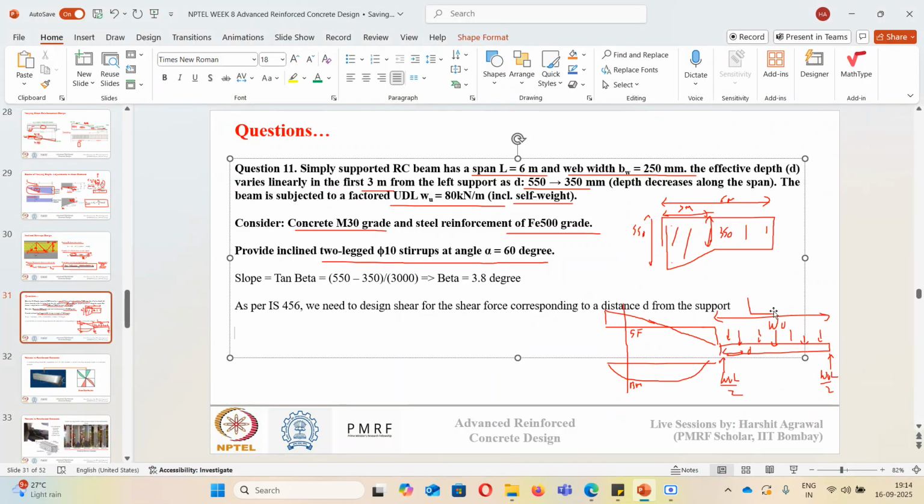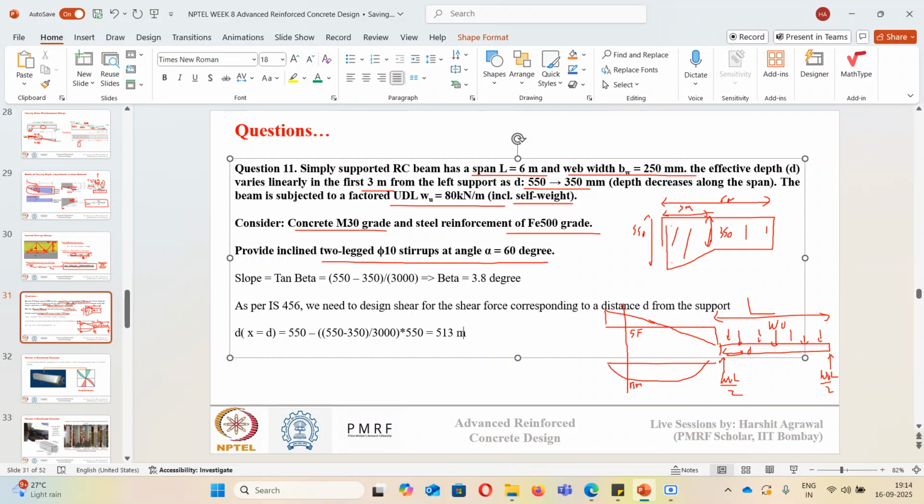So my depth d at a distance x equal to d will be 550 minus the slope, which is (550 minus 350) upon 3000, times x, which is 550. When you do this calculation, the d value comes out to be 513 mm.